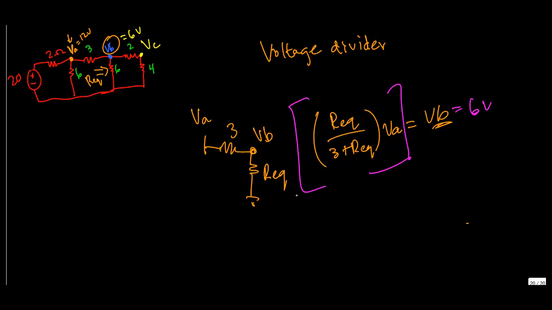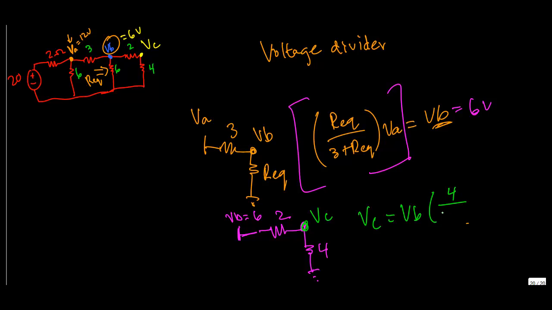Then we have another circuit: here's VB, which is 6 volts, going across a 2 ohm resistor, and there's a 4 ohm resistor and a ground. This point here was VC, and VC is equal to VB times our R equivalent, which in this case was 4 over 2 plus 4.